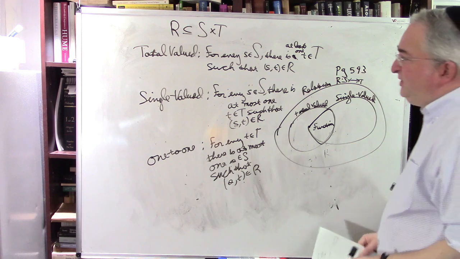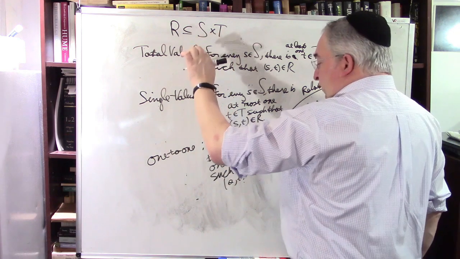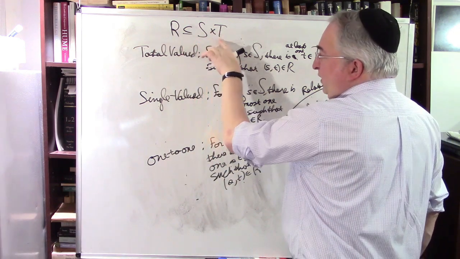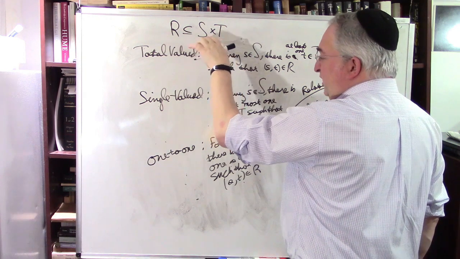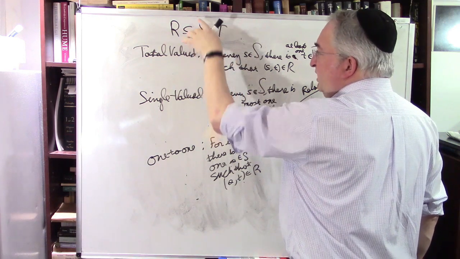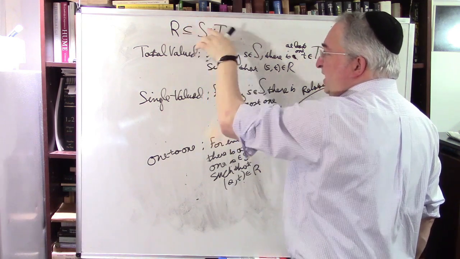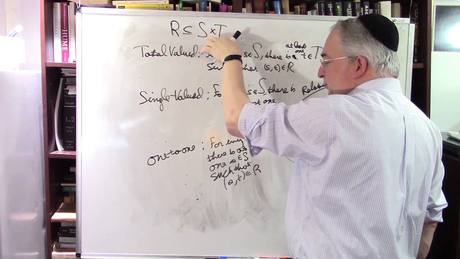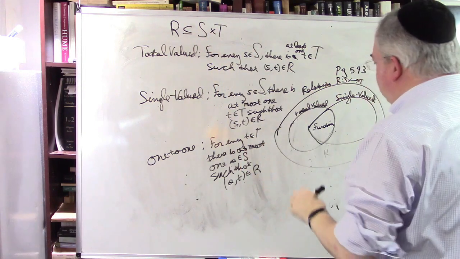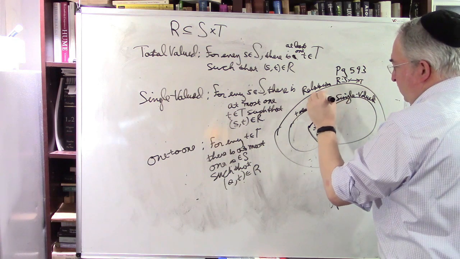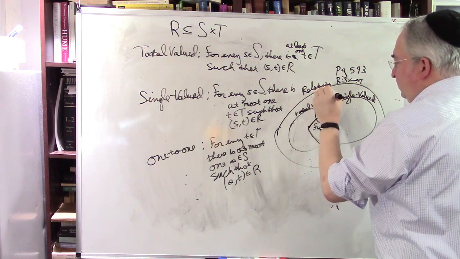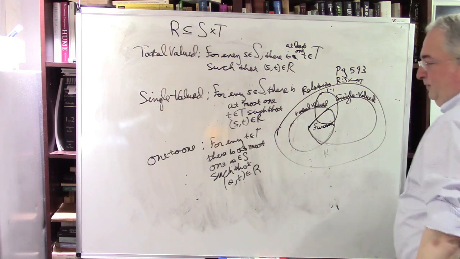It says for every guy over here, there's at most one of these. There can't be two guys in S that go to t. Okay, and we write this as follows. This is a 1 to 1 function.